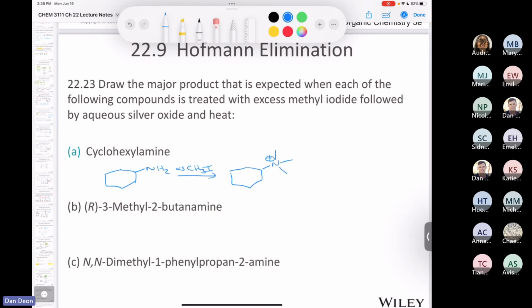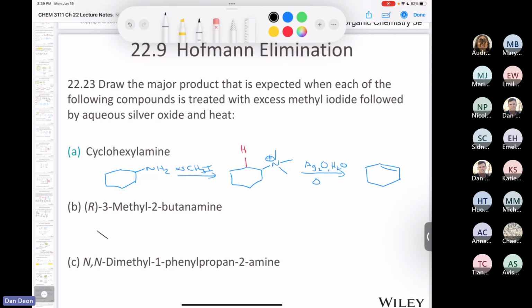Now we treat that with silver oxide in water, and we heat that up. There's only one type of beta proton in this molecule, so the only thing we could end up with in this case would be cyclohexene.